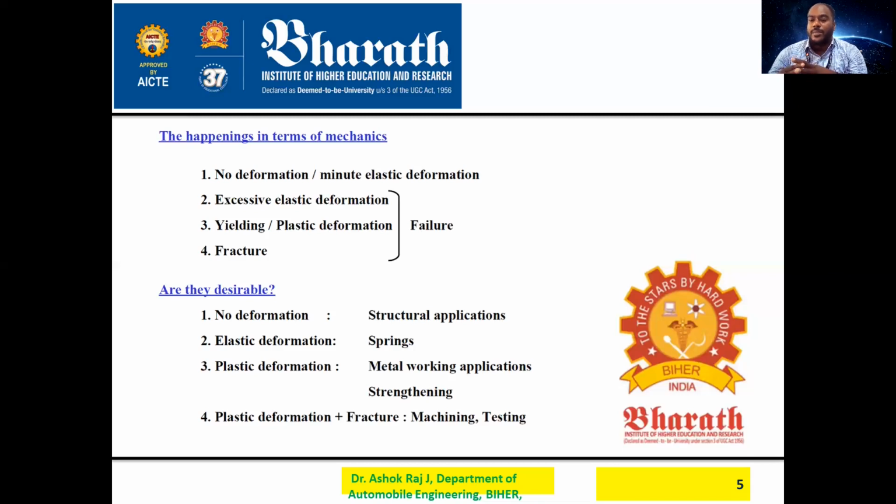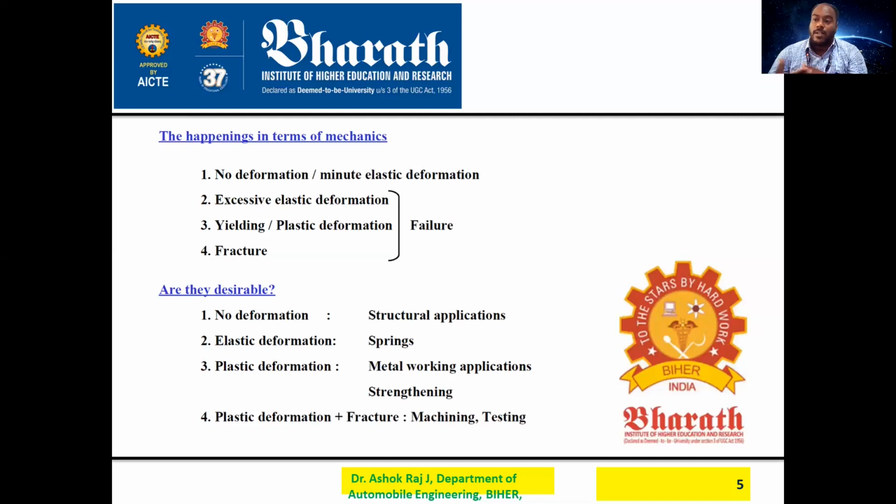And plastic deformation is used in metal working applications like stamping. Plastic deformation means a permanent deformation. It never comes back to the original position. Most of the time, while doing heat treatment, your material undergoes high plastic deformation. It changes the strength and hardness.